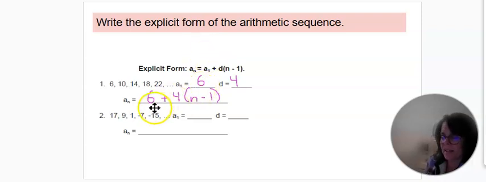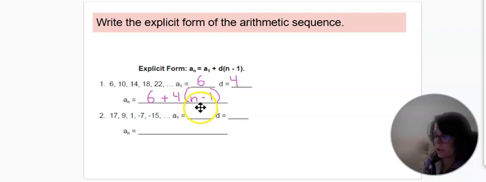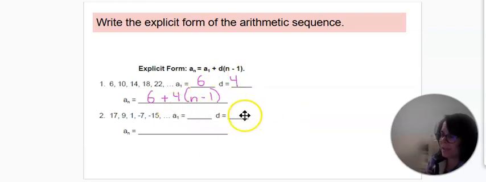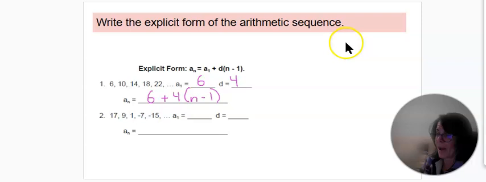We know that, it's 6, plus d, the common difference, and then you have these parentheses, n minus 1. Remember, we don't know n yet. They're not asking us for a certain term. We're just writing the general formula. So n sort of acts like our x. We're going to show you in class how to do these, and we will do this other example. But again, why don't you give it a shot now, and we'll do some more and check that during class.